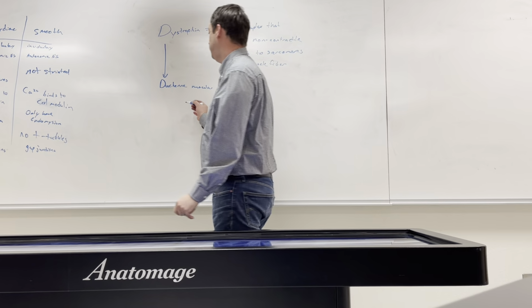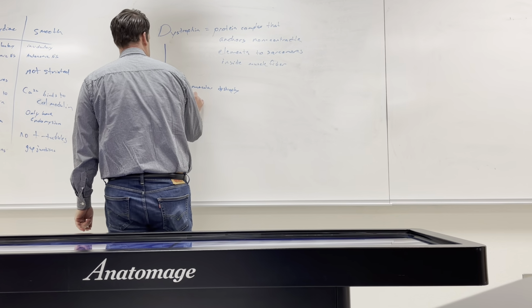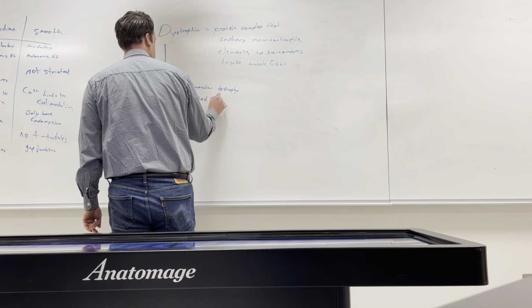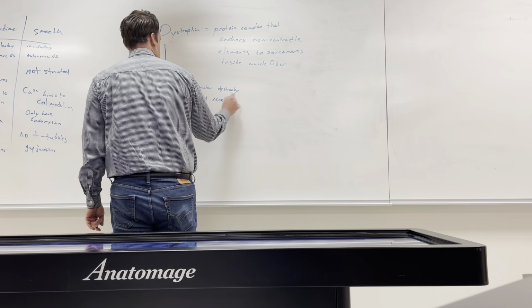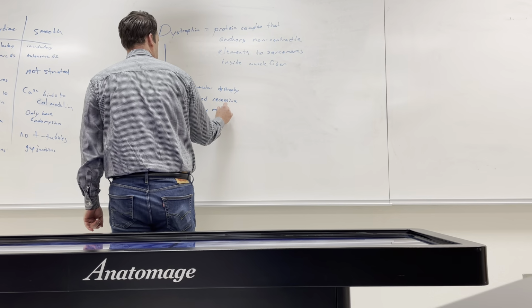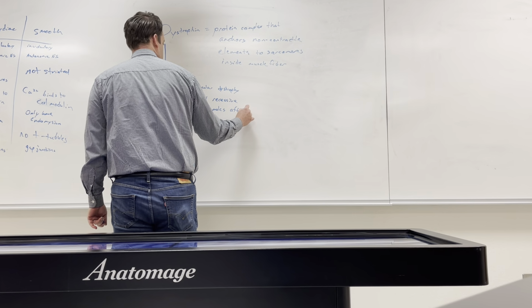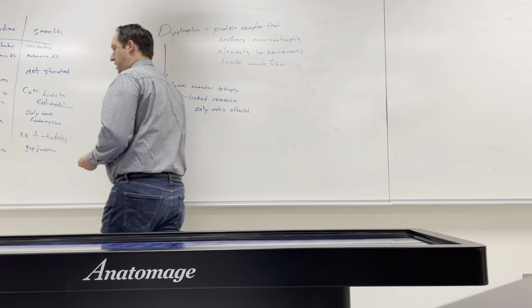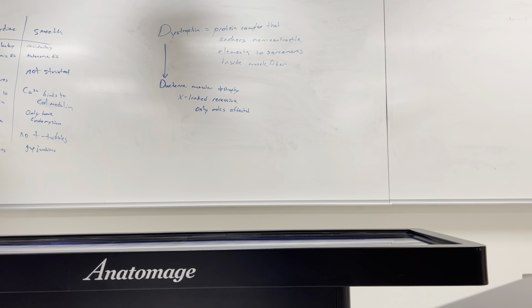Things to remember about Duchenne muscular dystrophy: it's an X-linked recessive disease, so only males will be affected. It's diagnosed fairly early in life, and lifespan is not particularly long.